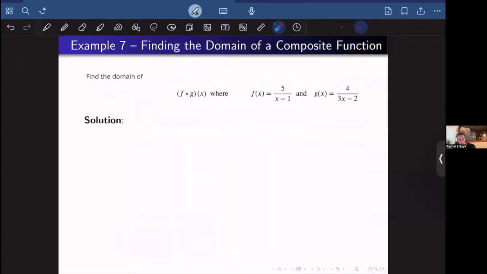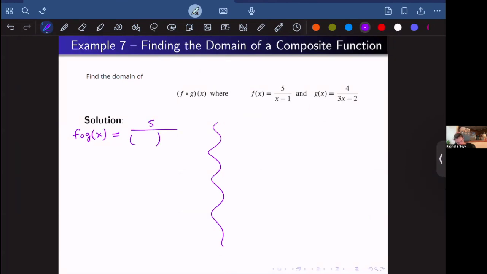We have an example 7 here. And so I'm going to create 2 columns. We have our f of g of x, which is, we're going to look at our f of x function, and wherever we see an x, we're going to put in some parentheses. Inside those parentheses, we're going to put in our g of x, and then we're going to go ahead and simplify.